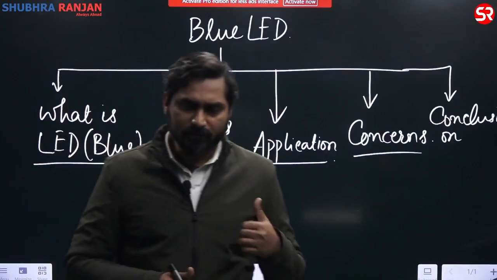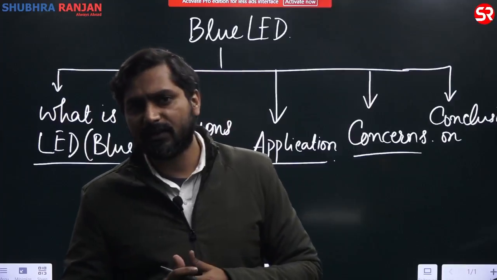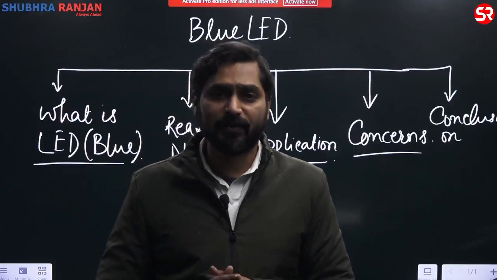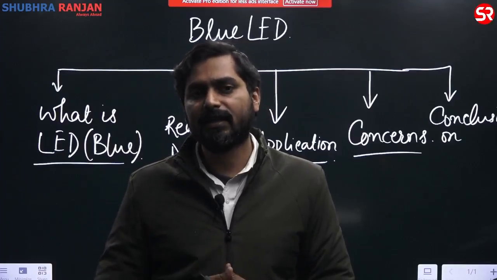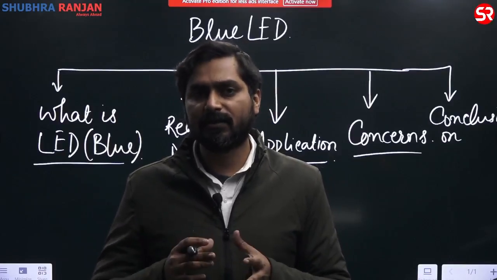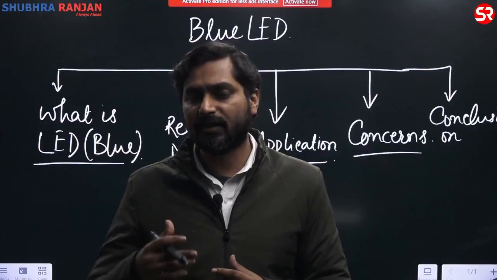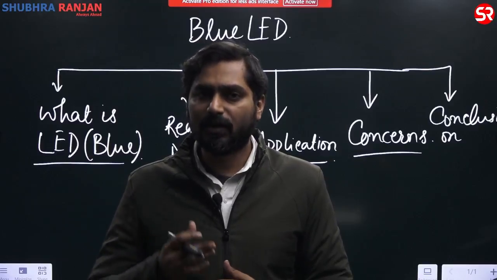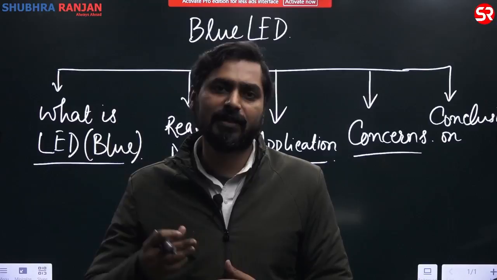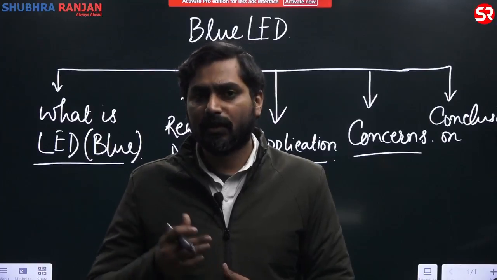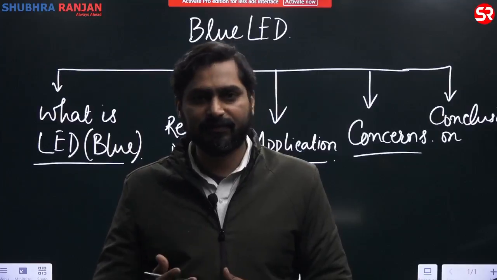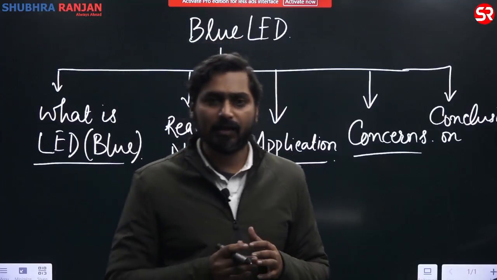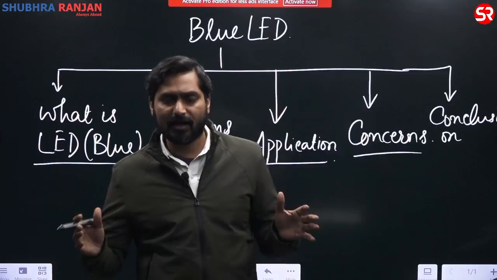The other novelty features of blue LED light are that it is very energy efficient. If you look at the efficiency of LED lights, they can convert 50% of the electricity into light, whereas conventional bulbs convert only 4% of the electricity into light energy. So efficiency wise they are very high, and their life cycle is very large.